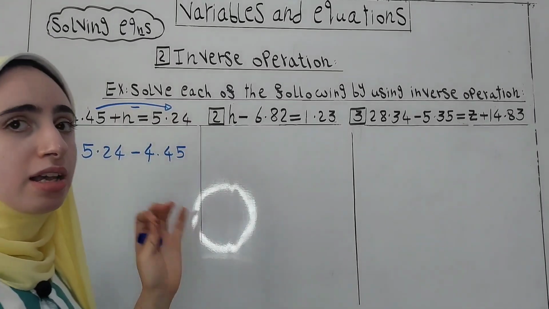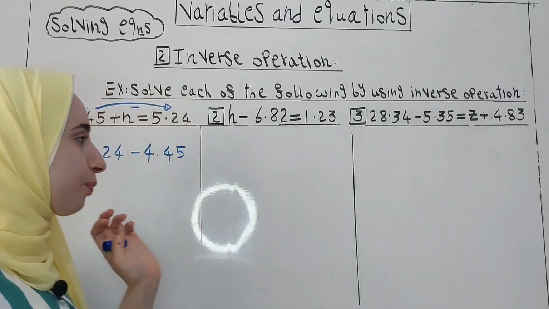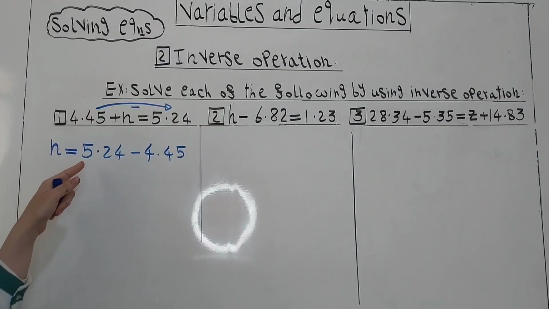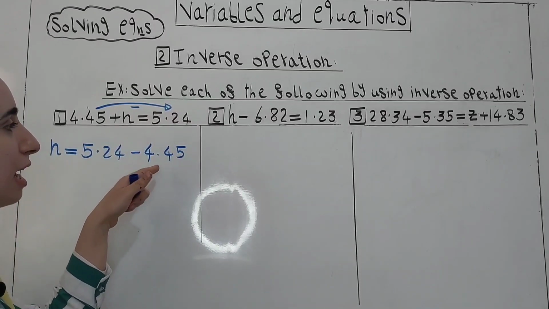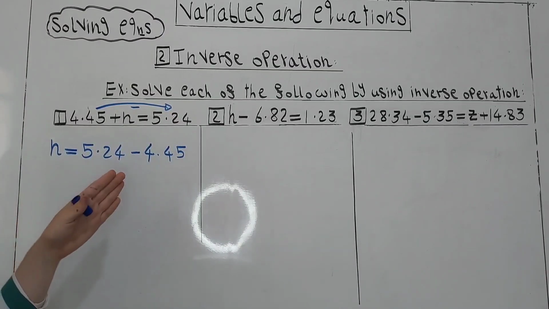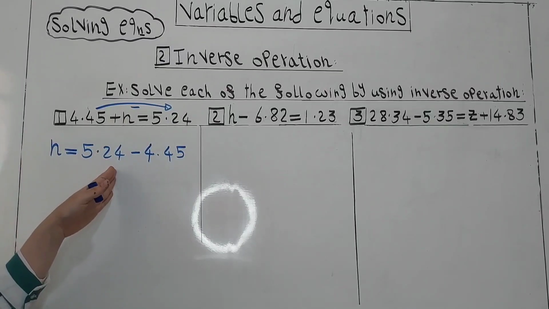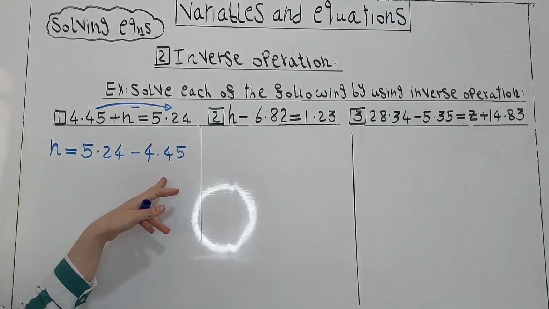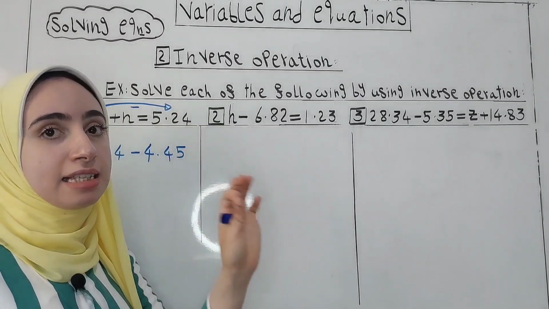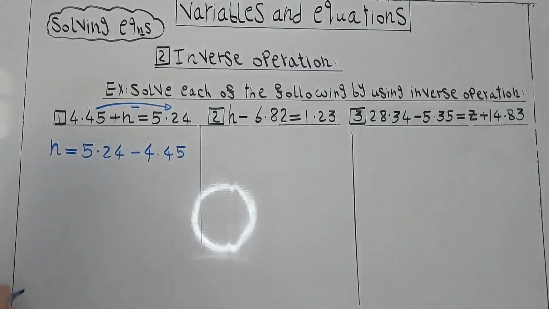At the first, we must check the number of digits. The minuend has one digit in the integral part, and the subtrahend has also one digit in the integral part, and the minuend has two digits in the decimal part, and the subtrahend has two digits in the decimal part. So we align them.